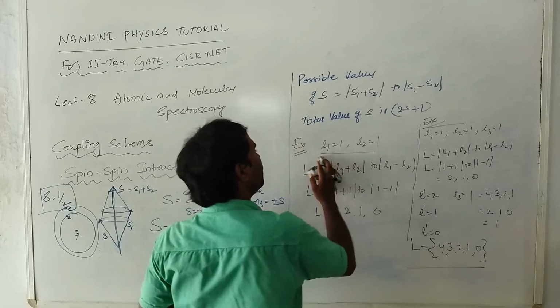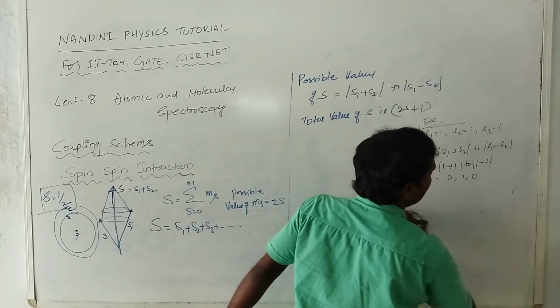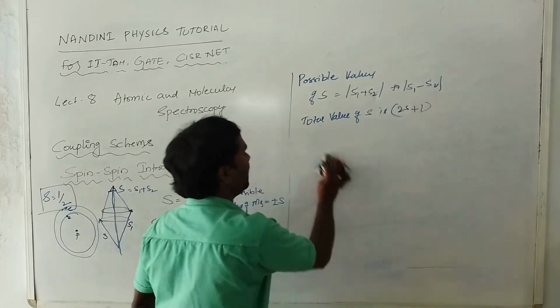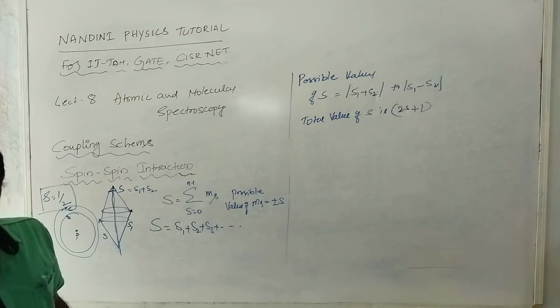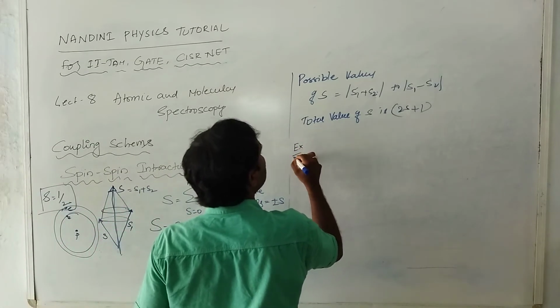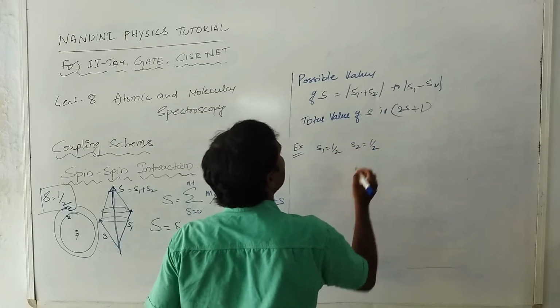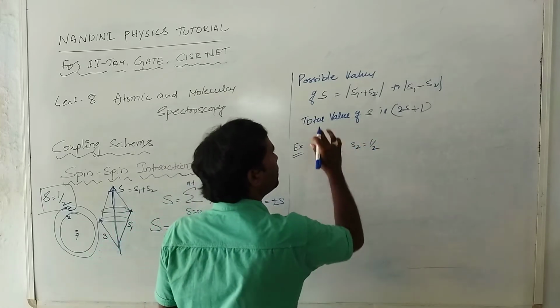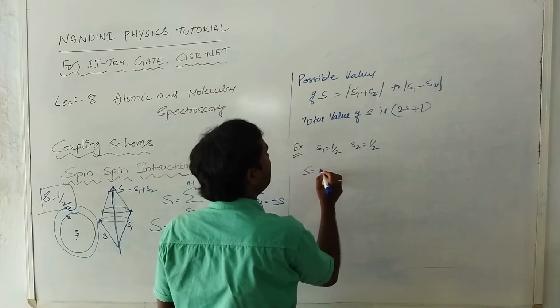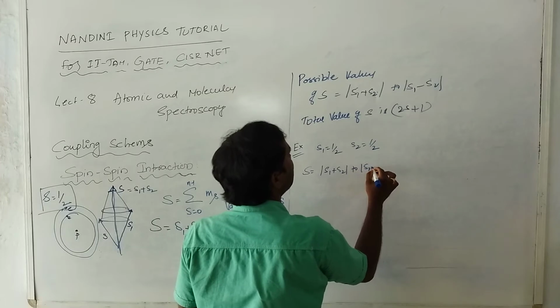So for example, right now I'll write an example of this interaction. If you consider S1 is equal to half and S2 is equal to half, in this case what will happen? The total possible values of S are S1 plus S2 to S1 minus S2.